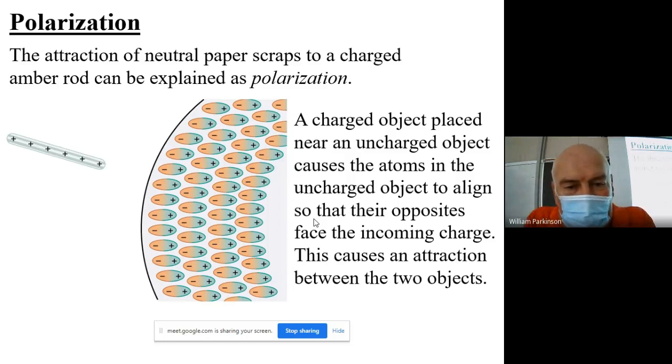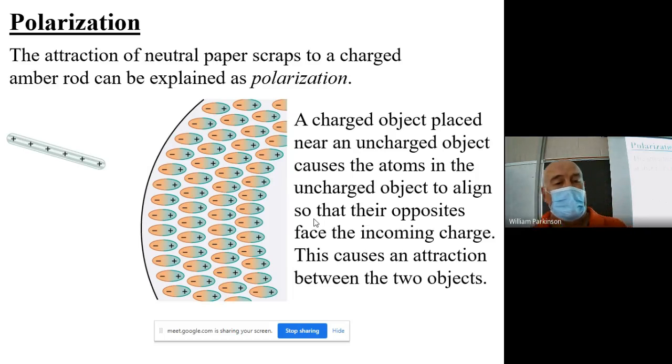Inside the paper, if you put a positive charge near the paper, then inside the paper, the negatives which are attracted to that positive all kind of run towards the positive. The positives which are repelled from that incoming positive rod run away from the positive. So temporarily, the paper acquires a tilted, uneven charge distribution.